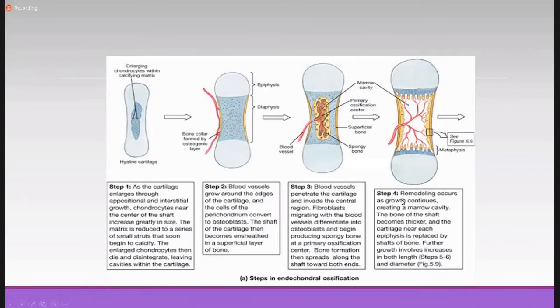Remodeling occurs as growth continues, creating a marrow cavity. The bone of the shaft becomes thicker, and the cartilage near each epiphysis is replaced by the shaft bone. So this is how you have the appositional growth, the cellular element which will grow towards the ends, and this central area is where the interstitial growth takes place.